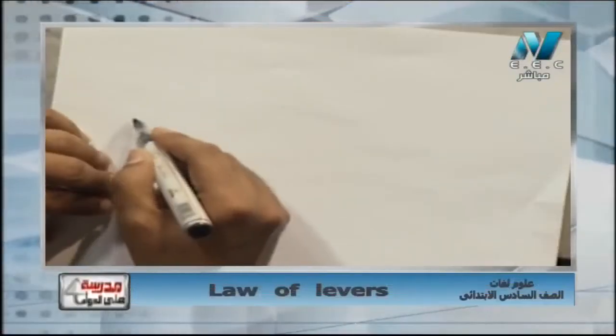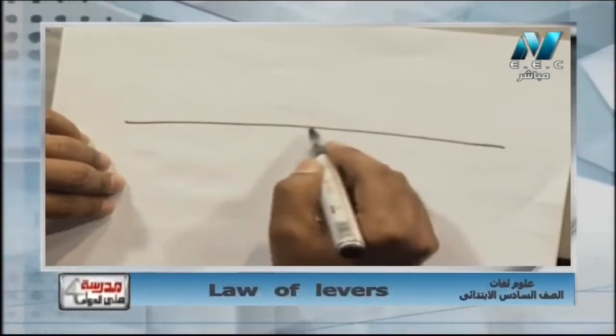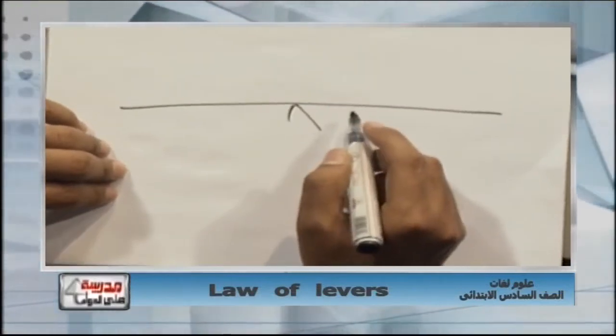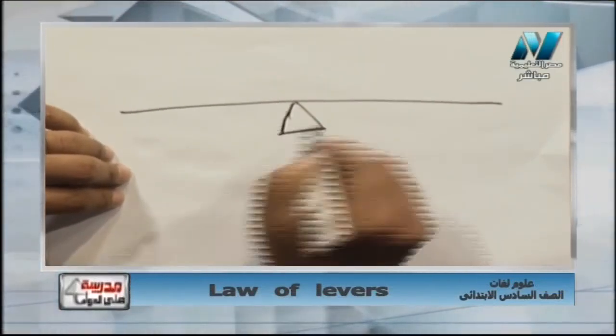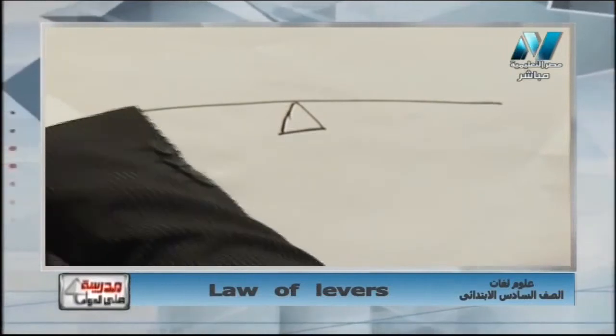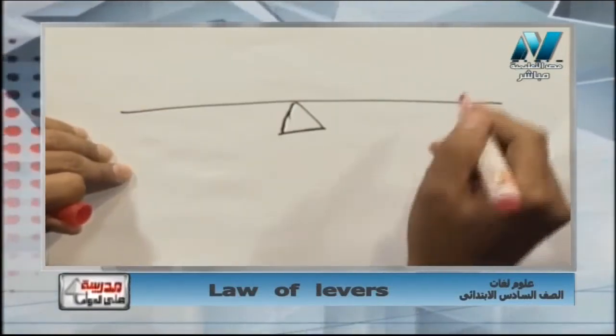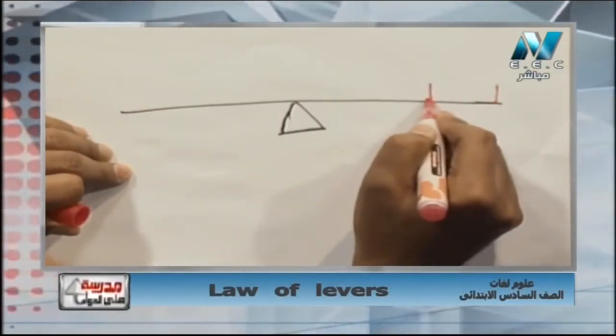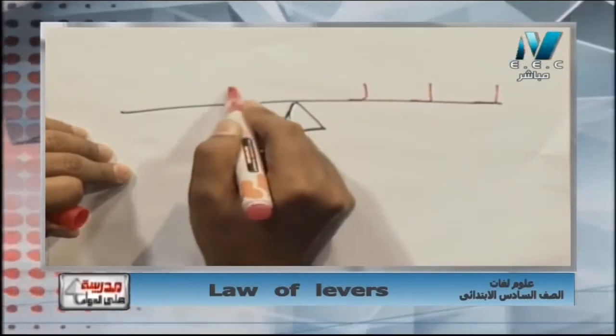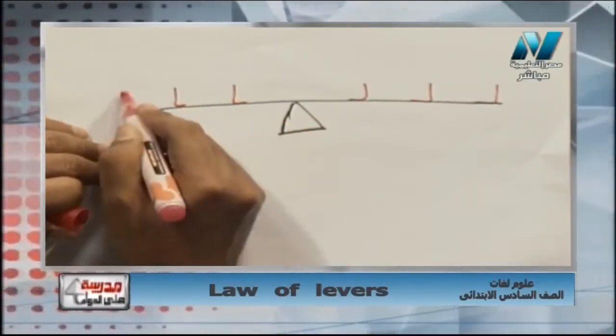Look at me, my dear students, and I need to have your attention. Suppose there is a seesaw, and we have 3 seats here, 1, 2, 3, and another 3 seats here.